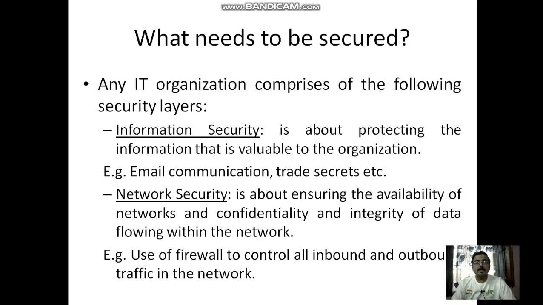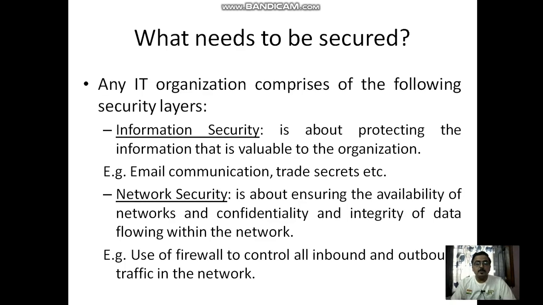Any IT organization comprises the following security layers. The first layer is information security. We have to take care of the security features on information. How to protect the data, either personal or at the level of organization. For example, email communication, trade secrets, etc. And the next one is network security.